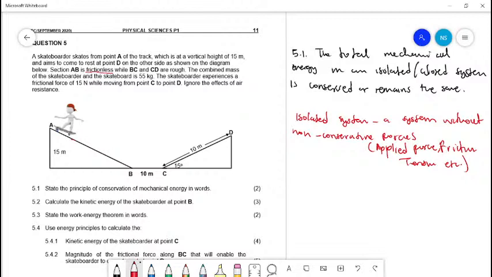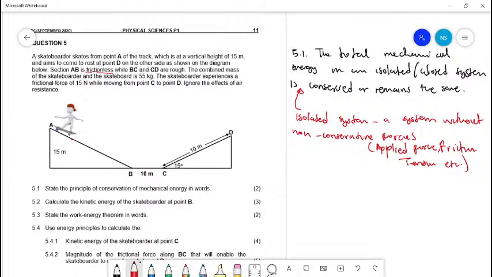It's isolated. And if the system is isolated, you are allowed to apply the principle of conservation of mechanical energy. It can only be applied in a system where there are no non-conservative forces. I hope that is fine.